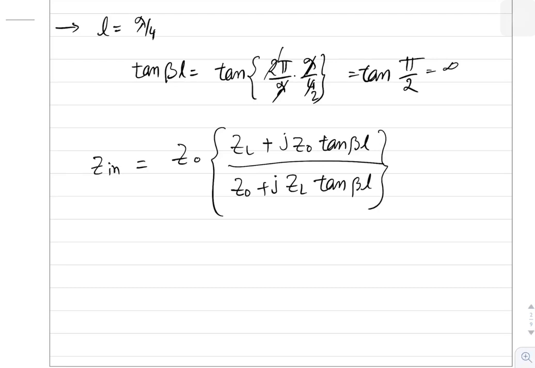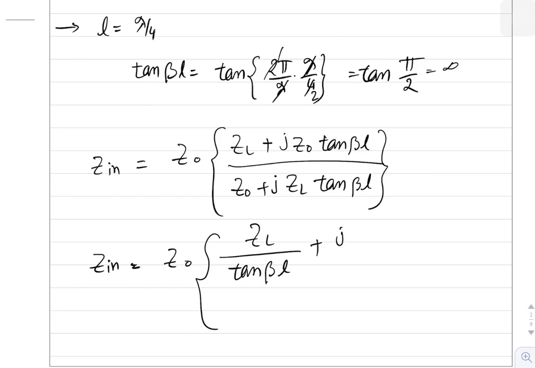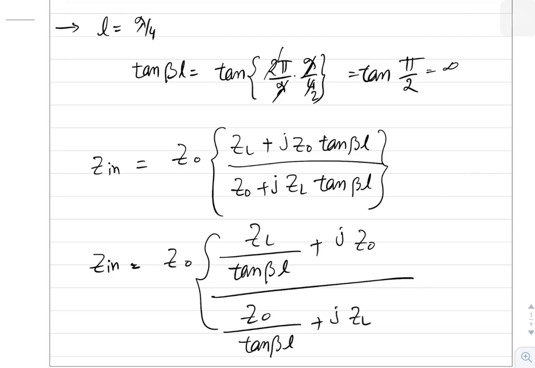If I substitute tan beta L equal to infinity in this case, it will be like infinity by infinity format, which is undefined. I will divide both numerator and denominator with tan beta L. Then Zin equal to ZO times ZL by tan beta L plus J into ZO, whole by ZO by tan beta L plus J into ZL.